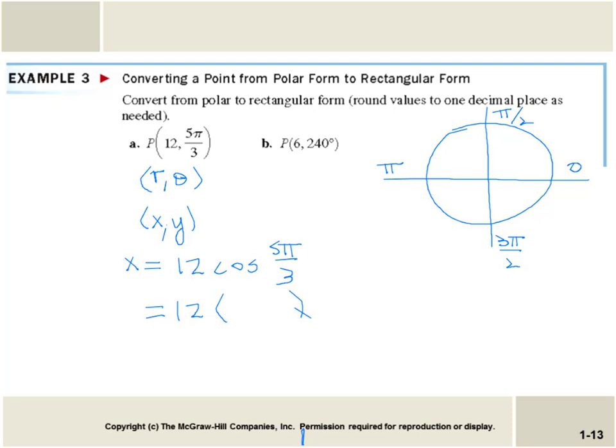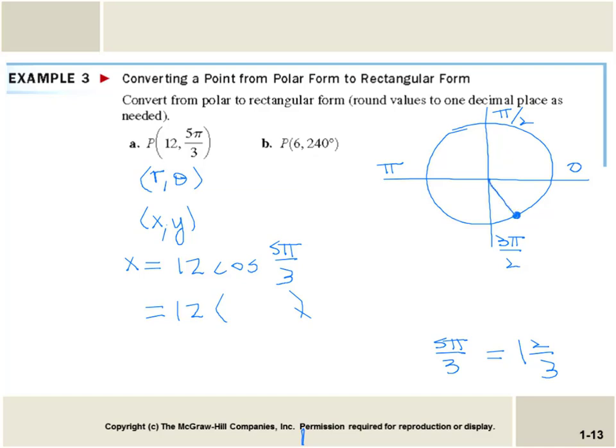Okay, so 5 pi over 3, if you want to know how to find what quadrant, change it into mixed numbers. 5/3 is the same as 1 2/3, right? Yeah, it's going to be in quadrant 4, because 2/3 is more than 1/2, and 1 is more than, yeah. Okay, quadrant 4.